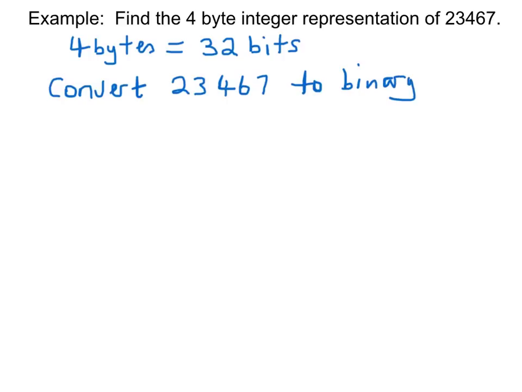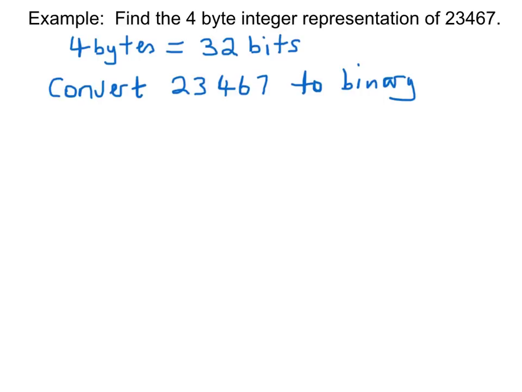Now, unfortunately, we can't do this conversion directly on the calculator. The reason being that in binary, the number of zeros and ones that are needed to represent this number are too many to fit across the screen of the calculator. So let me show you a way around this.